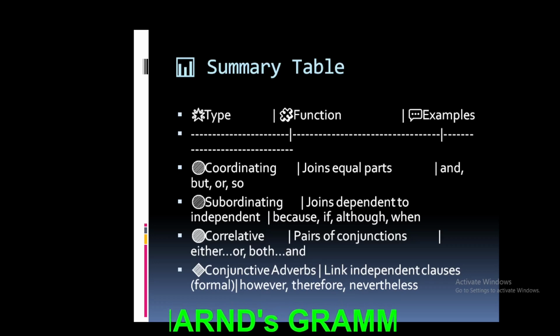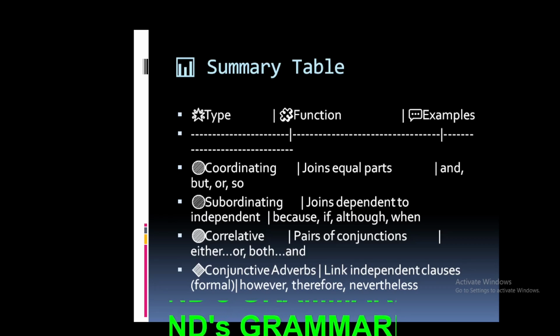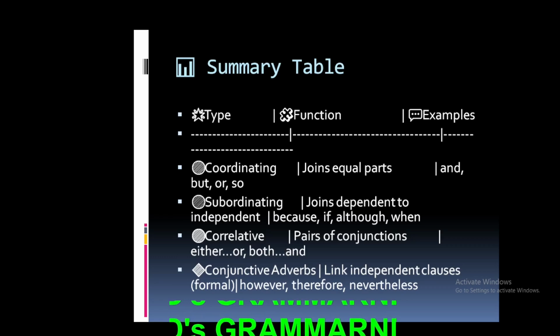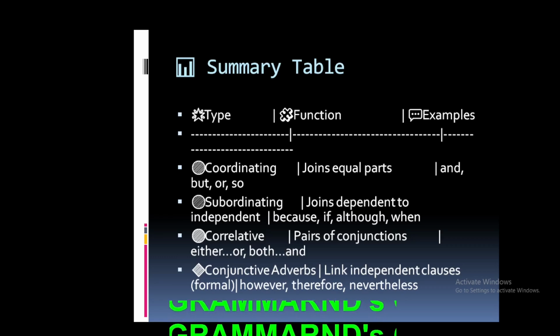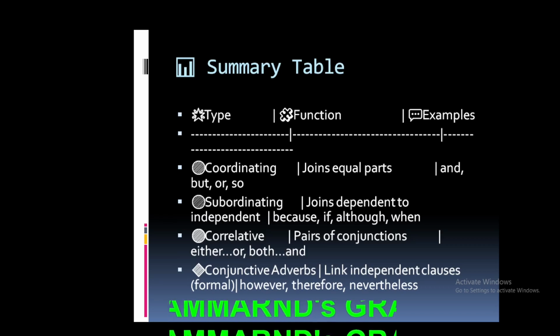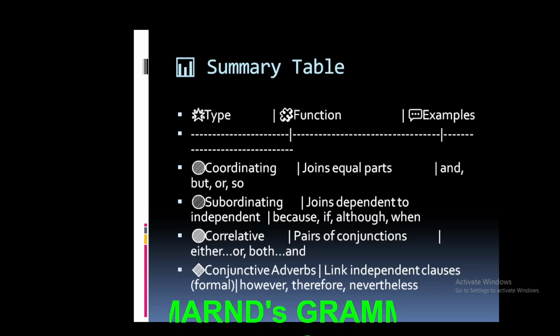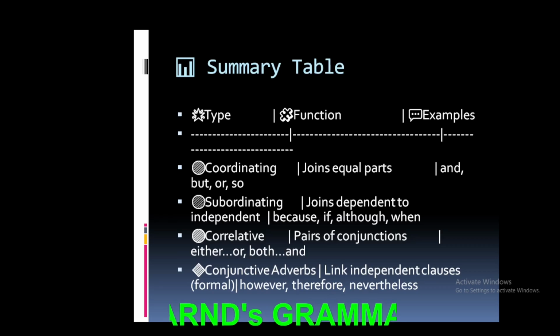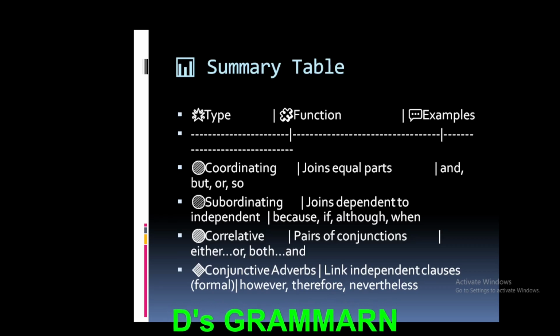Correlative conjunctions are pairs of conjunctions, they are used in pairs, and examples are either or, both and, etc. Conjunctive adverbs link independent clauses, and they are however, therefore, nevertheless. So, this is a short view of types, functions, and examples for your final understanding.